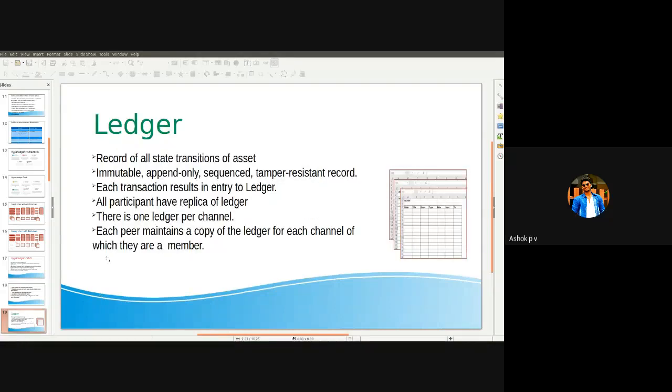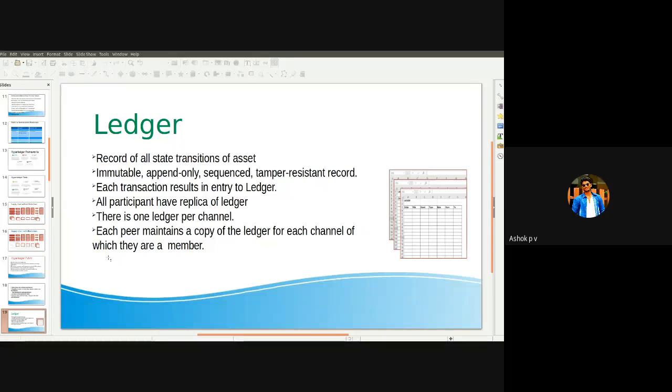So as I told you, the ledger is one of the main things in a blockchain, because if the ledger gets corrupted, it's a failure of the blockchain. The ledger that we use is the state transition of an asset. State transition is nothing but how an asset goes through the flow. As I showed you in the supply chain network using a blockchain, the asset goes from a particular supplier to the wholesaler, the retailer, and then to the consumer.